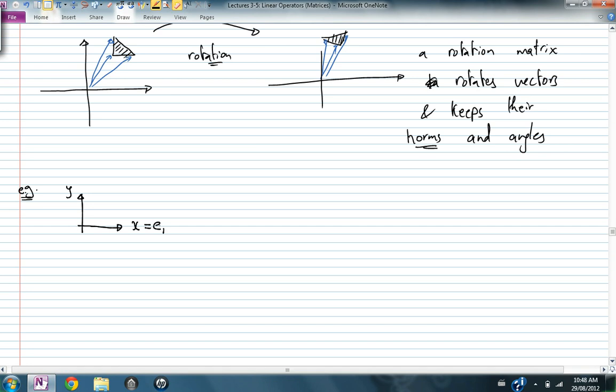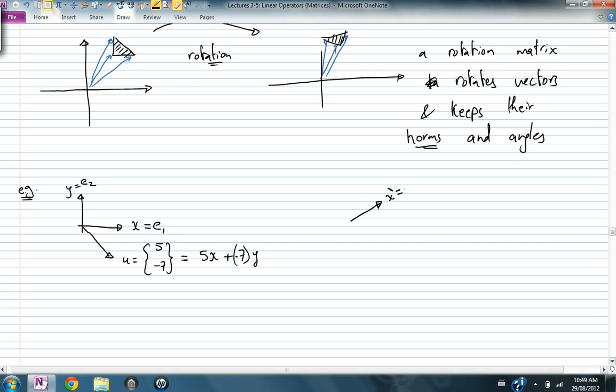I'm going to call this e1, I'm going to call this e2. And there's a vector here. This vector is u, which is equal to, let's say, (5, -7), which I can write as 5x plus minus 7y.